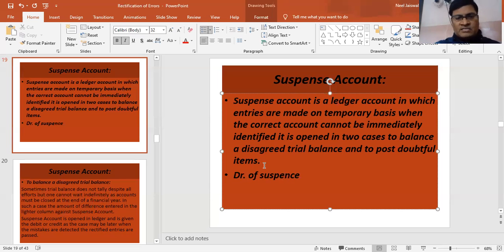Debit of suspense is shown on the asset side. Suspense is an asset, whereas a credit balance is a liability. Credit is liability. We will show it on the liability side of the balance sheet.